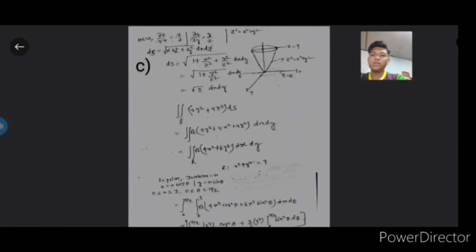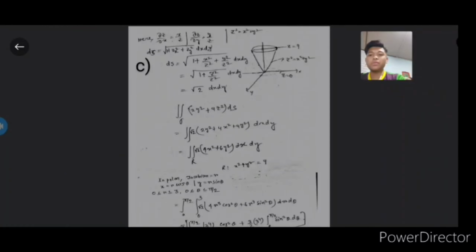So for the divergence, we have to evaluate the double integral of z x squared plus zy squared x dy, and then we need to differentiate it, also 1 plus x squared over z squared plus y squared over z squared dx dy, and after we solve it, we will get the answer double integral 2 dx dy.